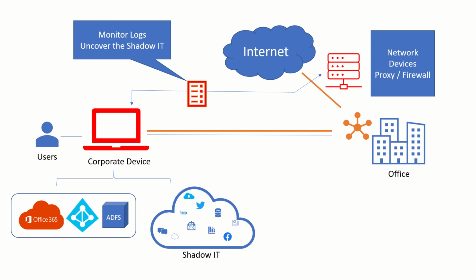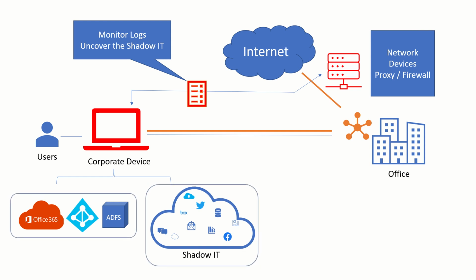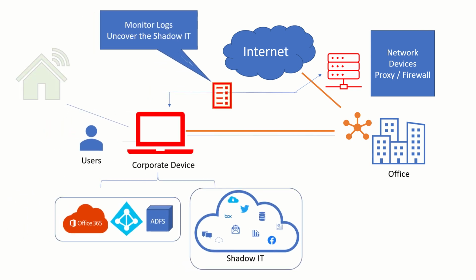Okay. Now, this is an ideal situation wherein you are covering both the approved apps data as well as shadow IT data, because you are monitoring the logs on the device as well as on your network layer devices, right? But the fact is that the same user can work from home.